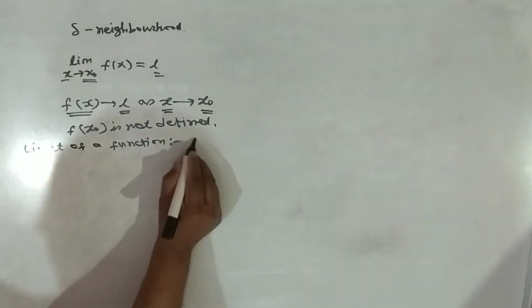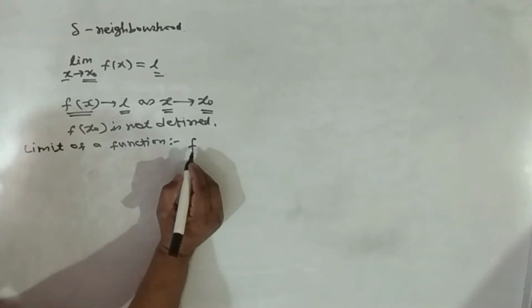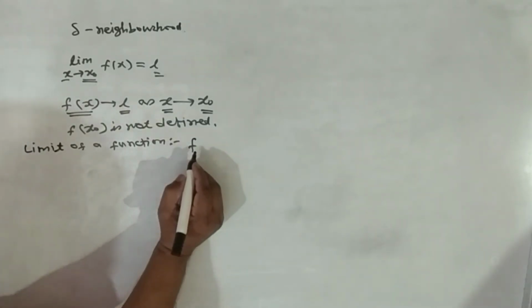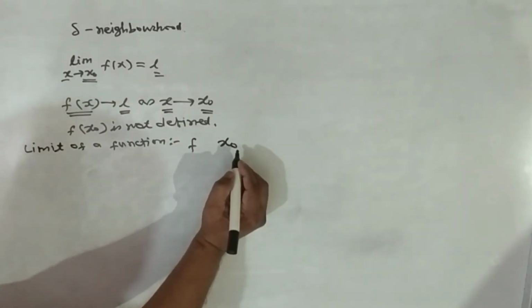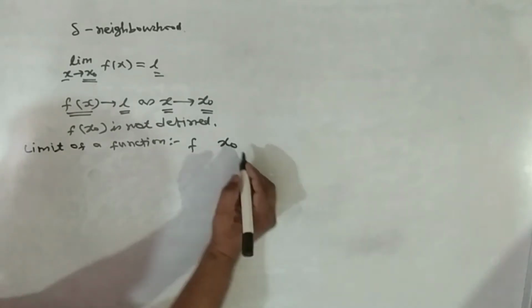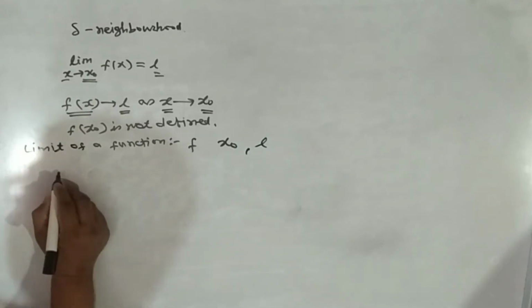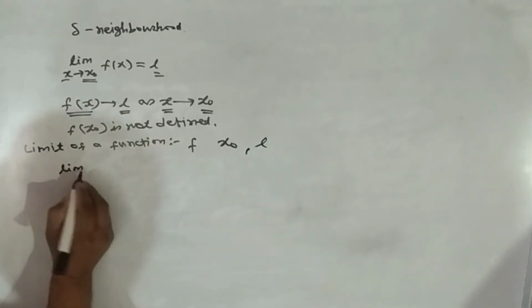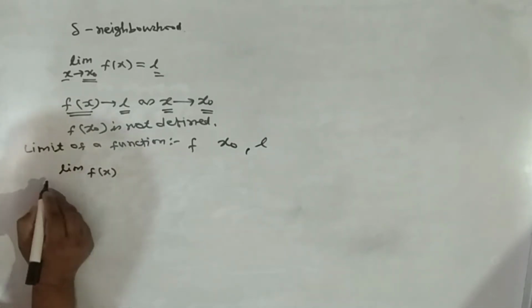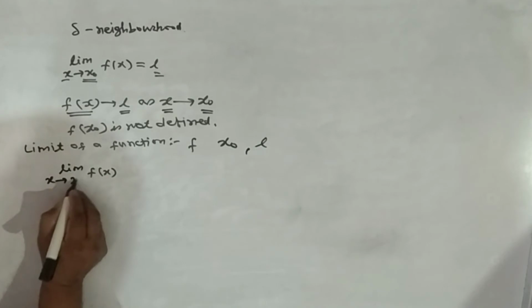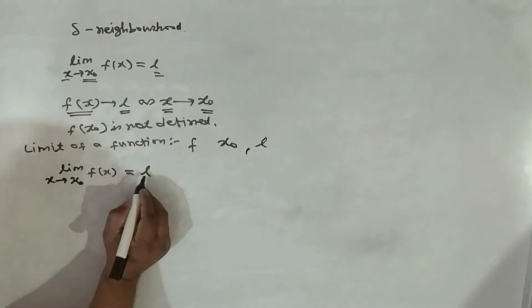Let f be a real valued function defined for all x in the neighborhood of point x0 except possibly at x0 itself, and let L be a real number. Then the limit of the function f of x as x tends to x0 is equal to L.